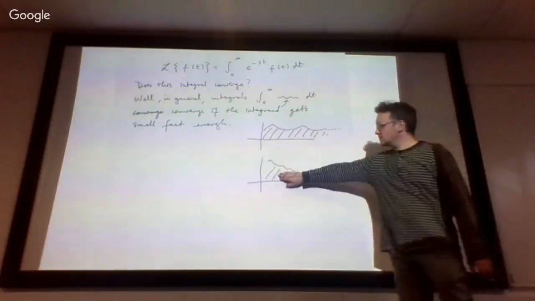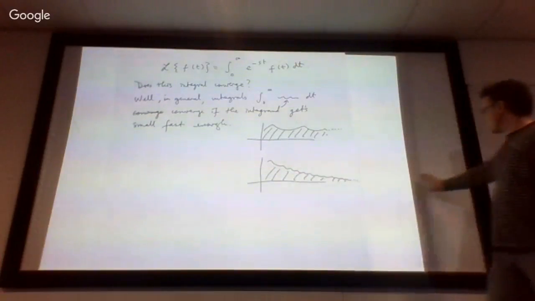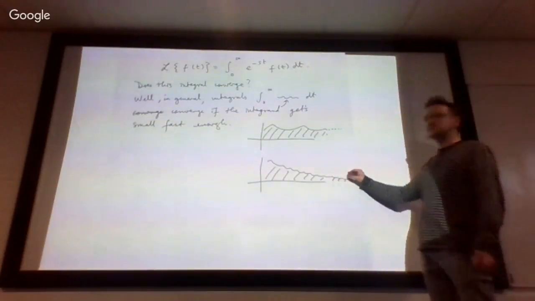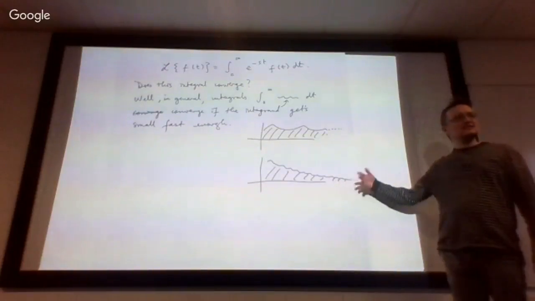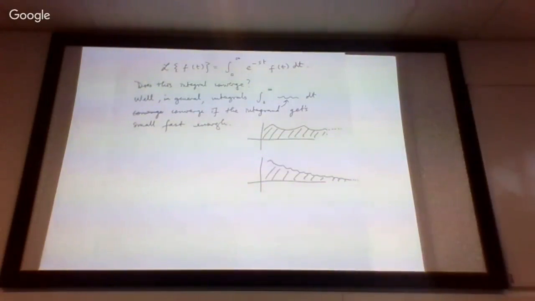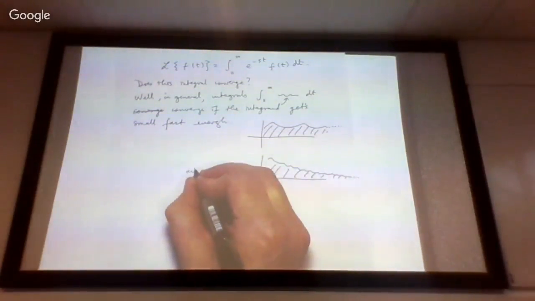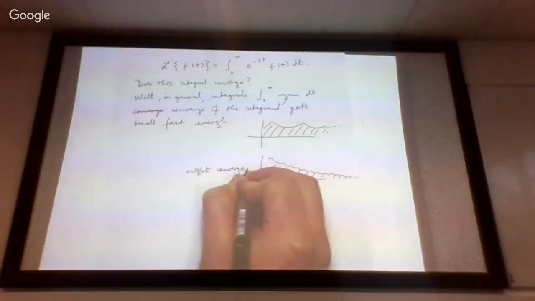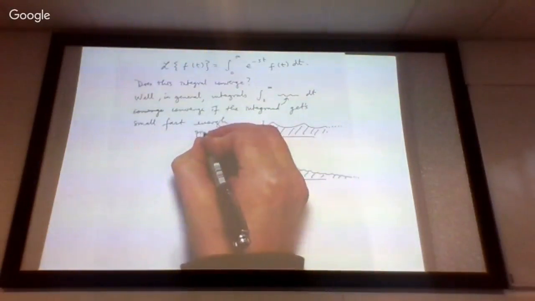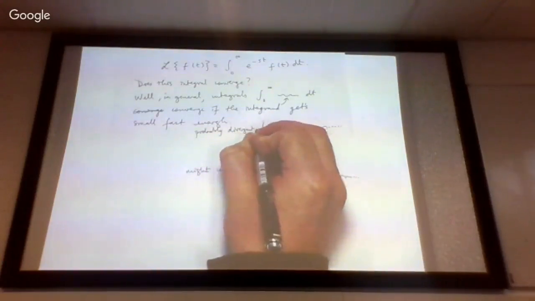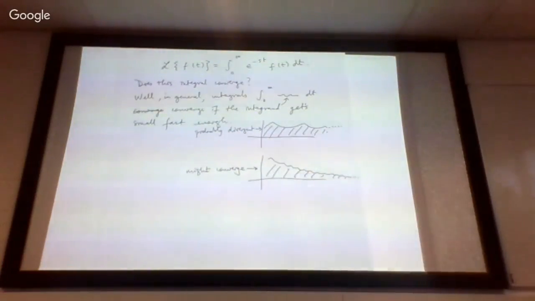Although this area underneath the curve might be spread across an infinite width, if the function is decreasing fast enough, there's a chance that there'll only be a finite amount of area there. So this kind of thing might converge. This drawing probably doesn't converge, if this large behavior of the function continues.